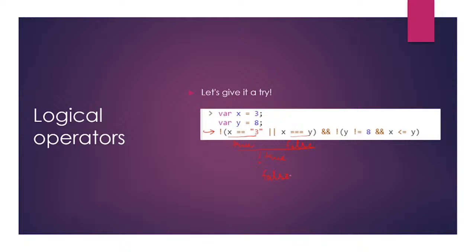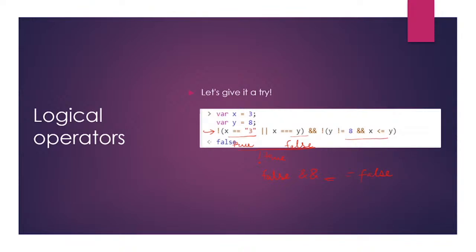And now that we have this AND condition in between this and this expression, we know that if just either of the two conditions is false, it's going to give me a false value. So the answer, in my opinion, is going to be false. Let's check it. Yep, it's false. Obviously.